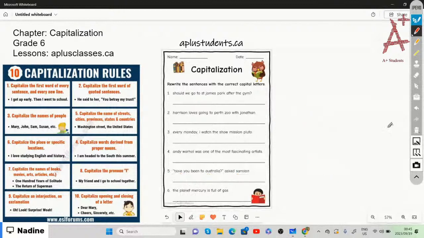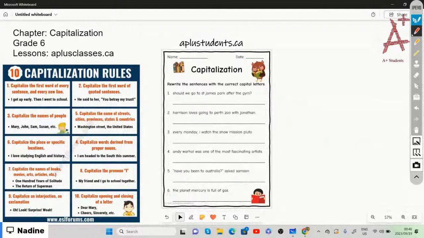The only words that we are capitalizing are The, as well as the name of the planet, Mercury. The, because it's the start of a sentence, as well as Mercury. So those are the words that need capitalization.